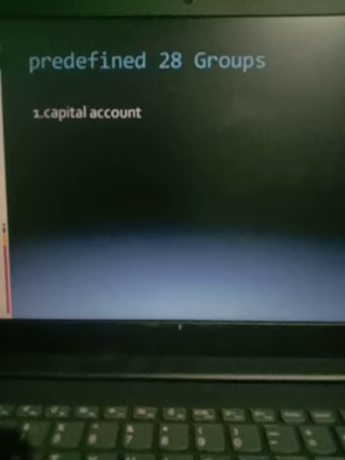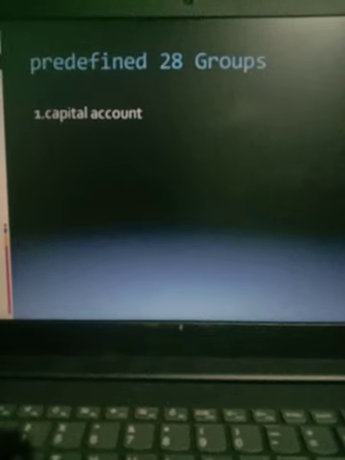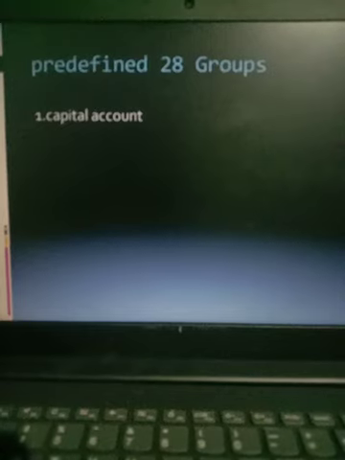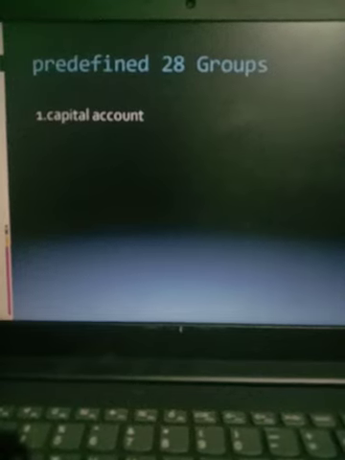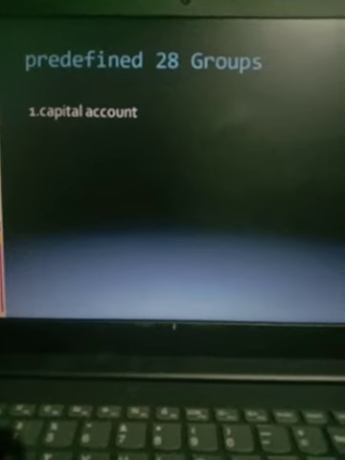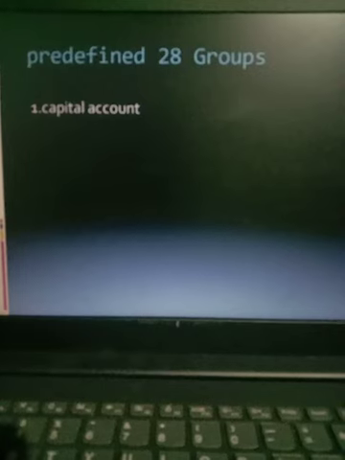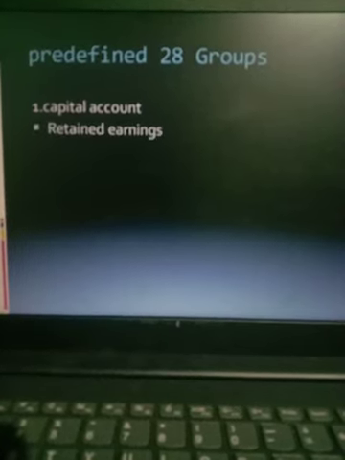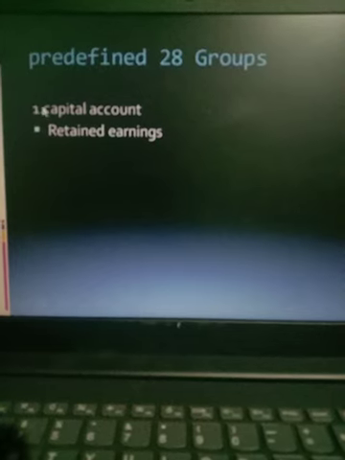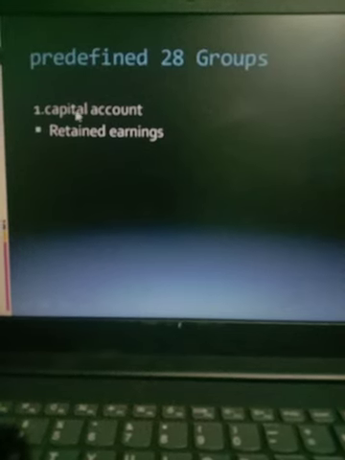If it is a partnership firm, we will record in this ledger account the capital invested by each and every partner. And if it is a sole trading concern, we will record the investment under this ledger account. So listen guys, the capital account is a primary group.